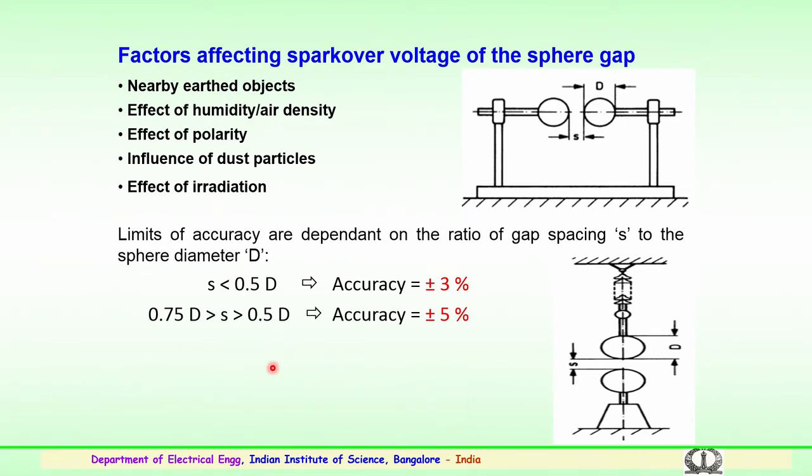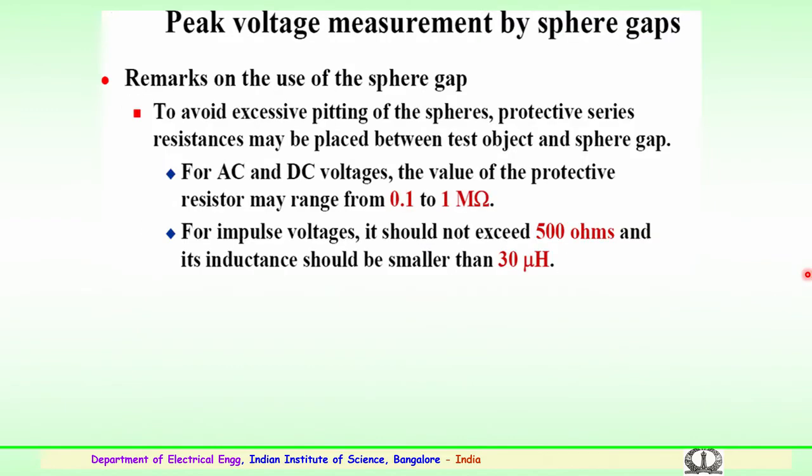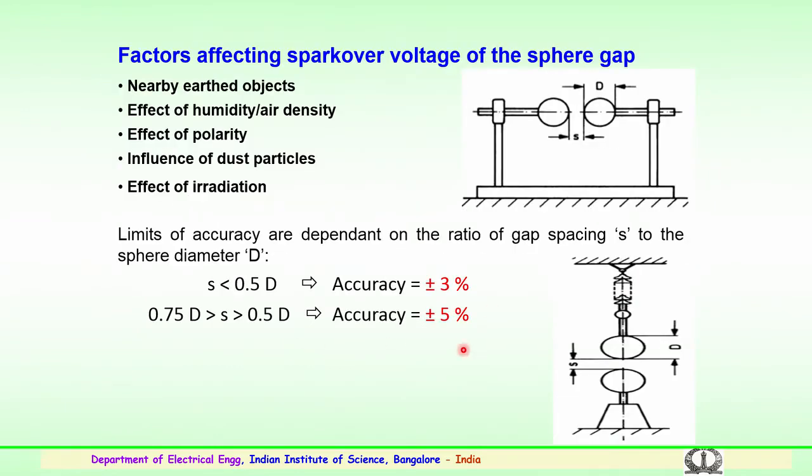So, any metallic objects or earthed objects, if near the vicinity, that is the factor B which we were discussing. This minimum clearance B from the point of the discharge activity is of utmost importance, else the readings could be erroneous. So, any earthed objects or metallic objects or any interference should not be in the vicinity of the specified distance.